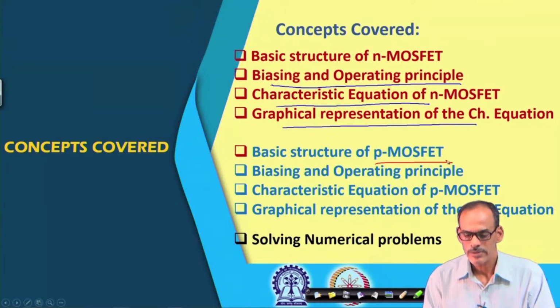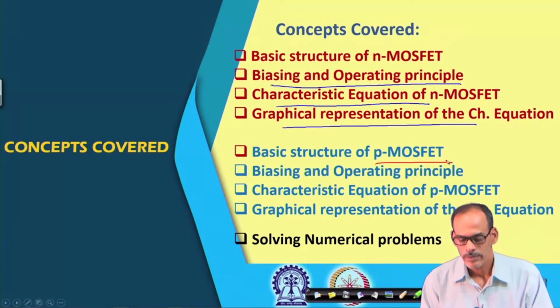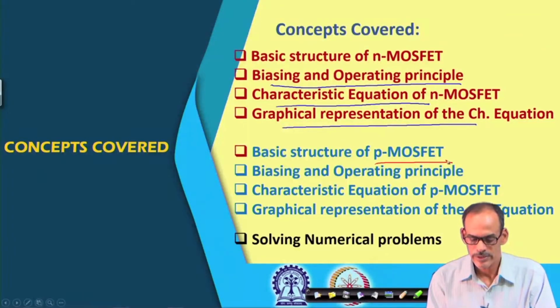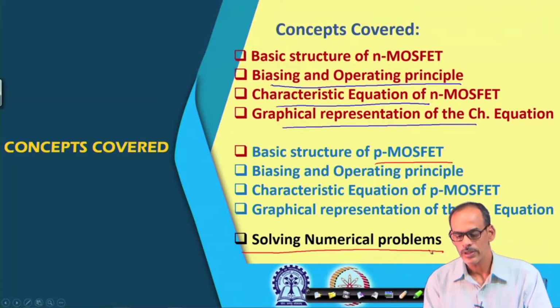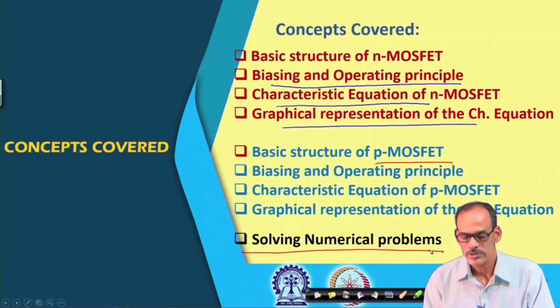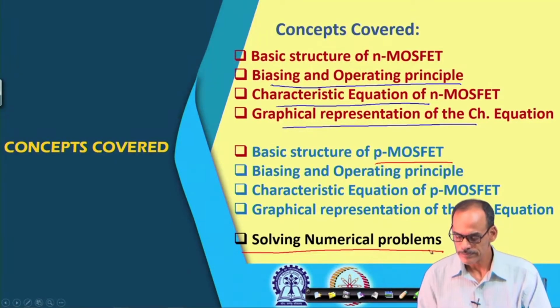Many of the concepts for the N MOSFET will be applicable for the P MOSFET as well, but there will definitely be certain differences. And after that we will be addressing some numerical problems to give you an idea of how the IV characteristic equation can be deployed to solve analog electronics containing MOSFET.